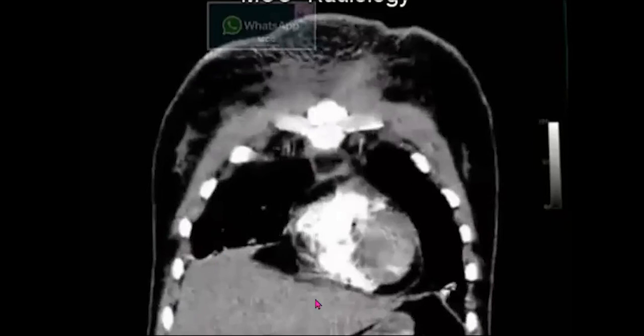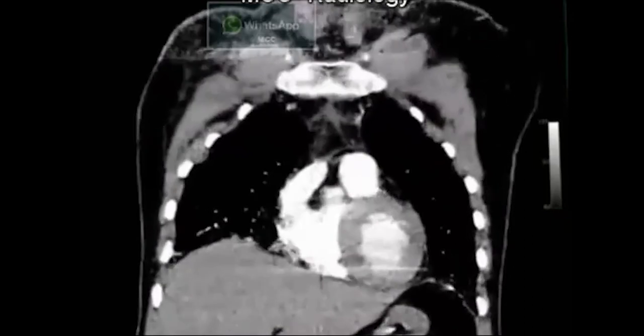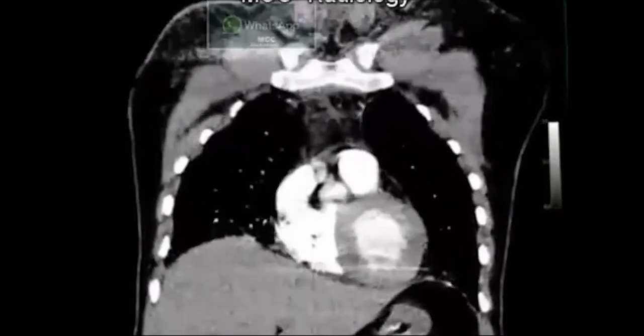Now we have entered the chest, and in the most anterior part we will see the apex, part of the left ventricle forming the apex. So this is the left ventricle. So let us scroll further. Now here we can see clearly one thing. Let me mark. Here we go.